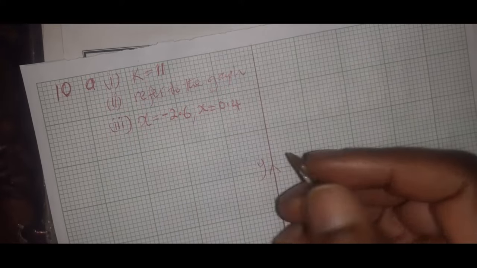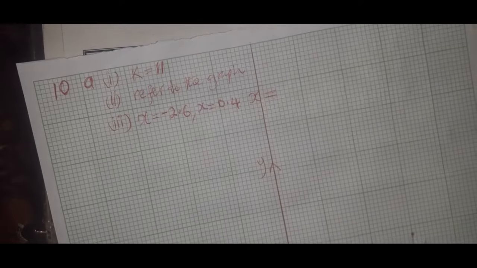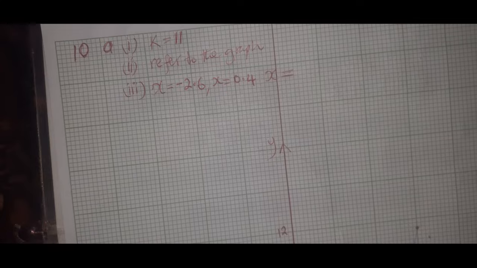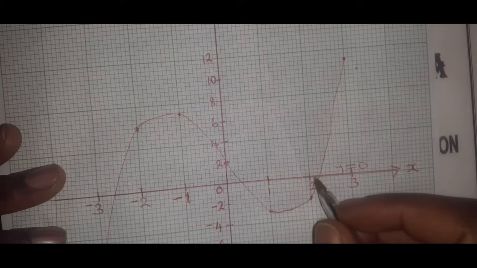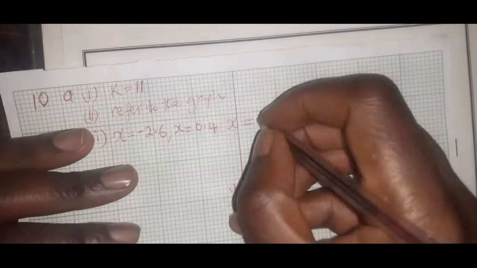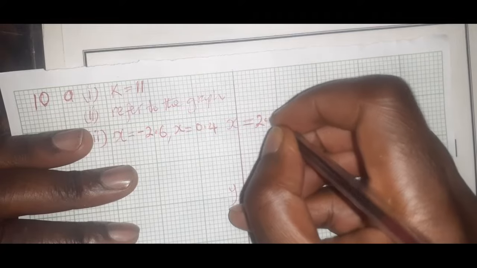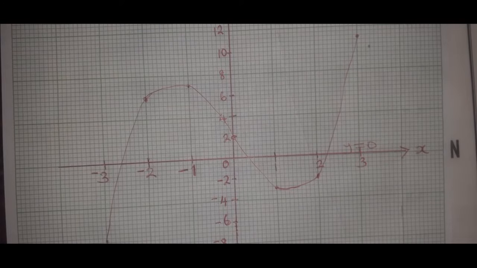And then the last one is x is equal to 2.12, say 2.2 or 2.3 here, and say 2.2. Okay, so these are our answers.